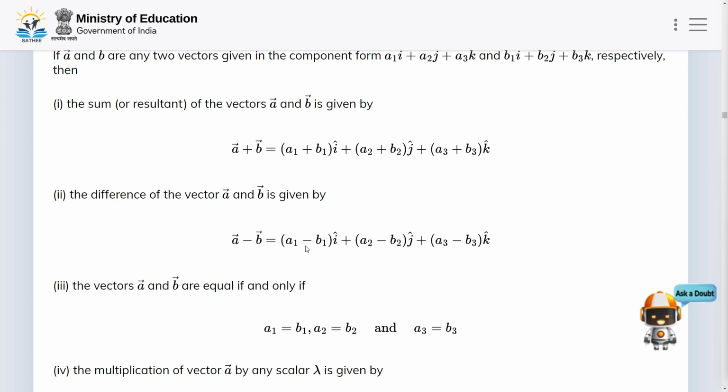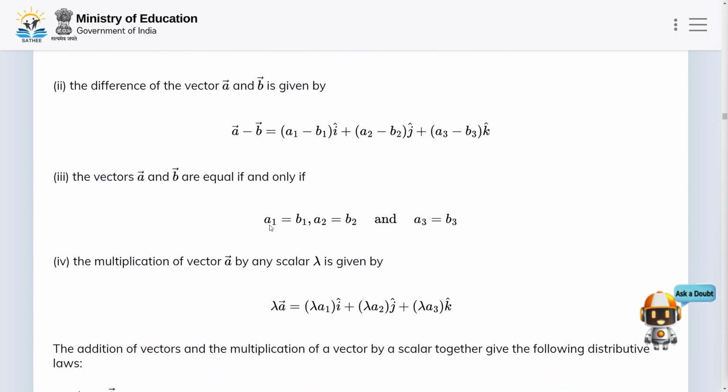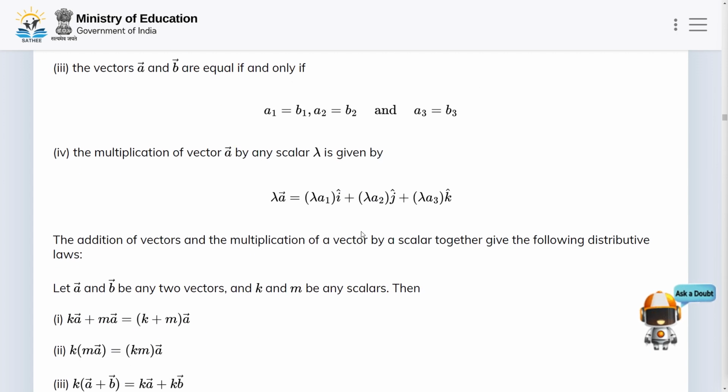The difference will be a1 minus b1 i hat, a2 minus b2 j hat, a3 minus b3 k hat. If they are equal, then a1 must be same as b1, a2 same as b2, a3 same as b3. Multiplication by a scalar will be lambda times a1 i hat plus lambda times a2 j hat plus lambda times a3 k hat, which is your multiplication of vector a by a scalar.